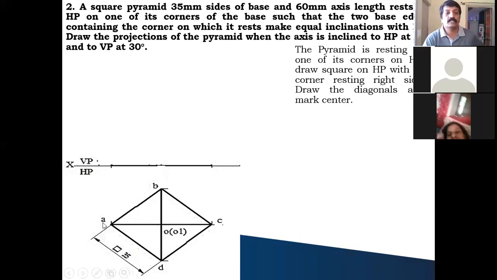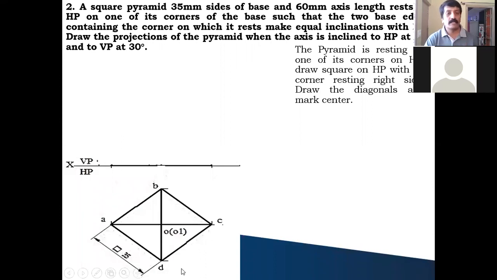You know how to draw it. Draw a horizontal line. Take any one point here. Draw 45 degree lines on either side. After drawing the 45 degree lines, take 35 millimeter. This is the center. You cut an arc on the 45 degree line. From here, cut a horizontal line. From here, cut a horizontal line. You will get 4 points.